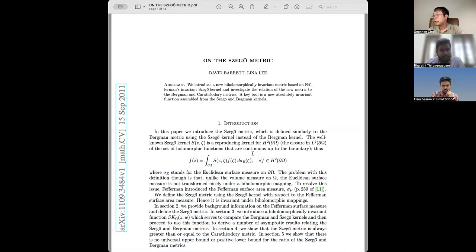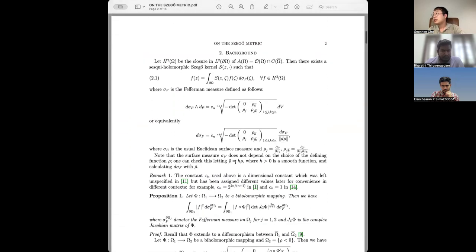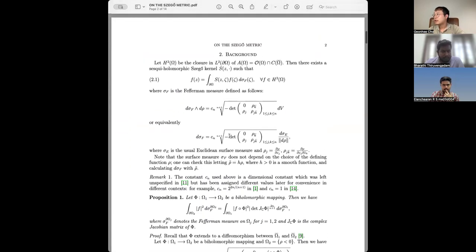In order to get that property for the Szego kernel, which is a property we'd like to keep, it is slightly different. That's why the literature considers the so-called Fefferman measure, not the Lebesgue measure. There are certain properties that the Szego kernel does not satisfy with respect to the Lebesgue measure, so the literature changed the measure from the Lebesgue measure to the Fefferman measure.